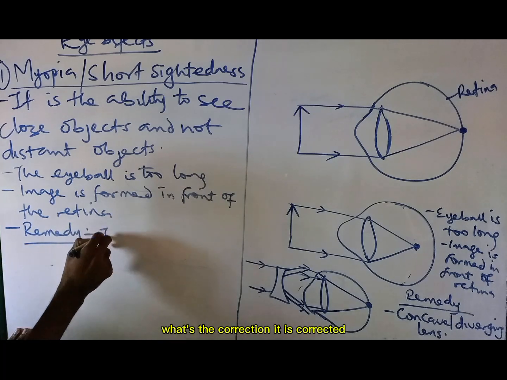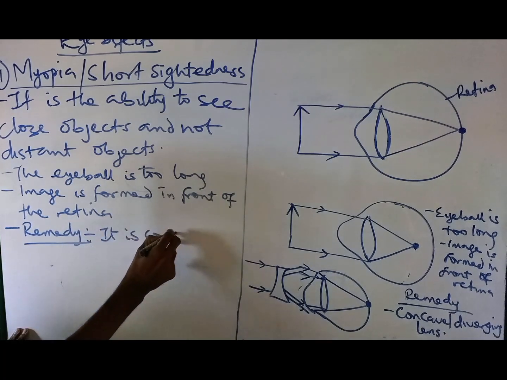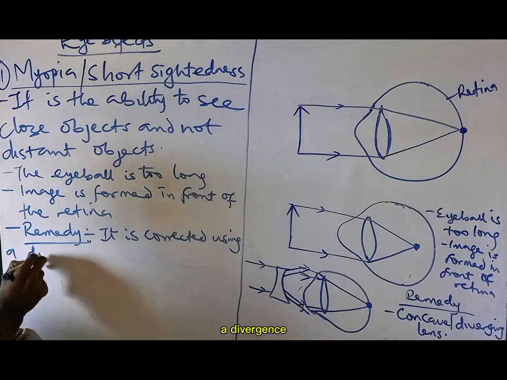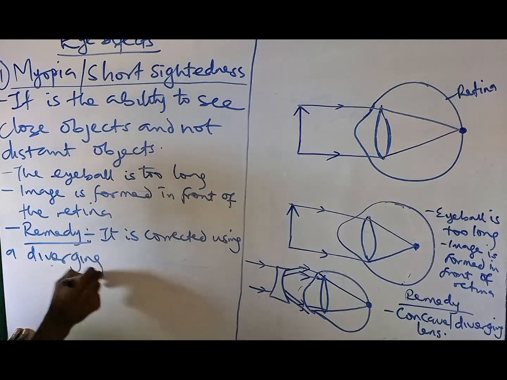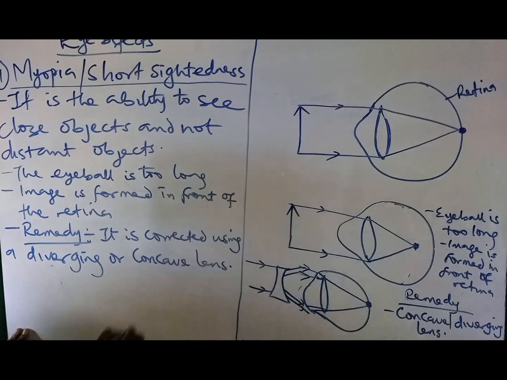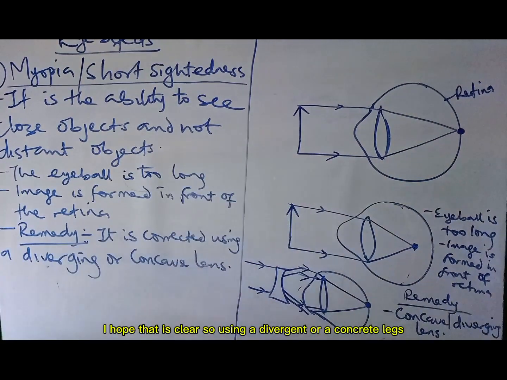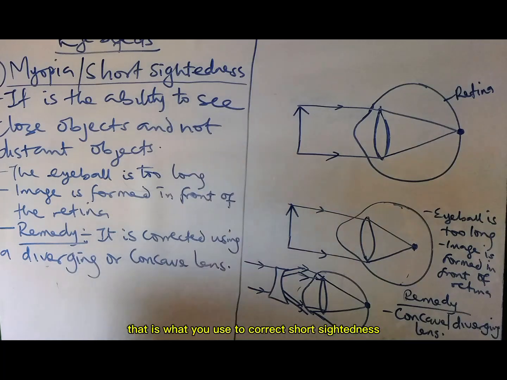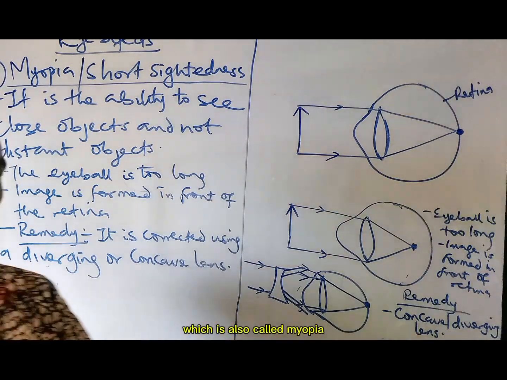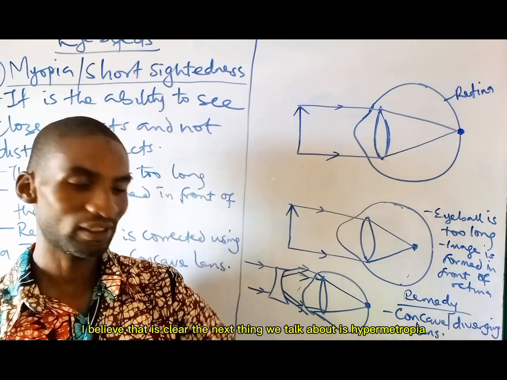What's the correction? It is corrected using a diverging or concave lens. I hope that is clear. So using a diverging or a concave lens is what you use to correct short-sightedness, which is also called myopia. I believe that is clear.